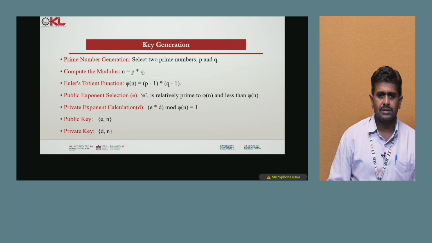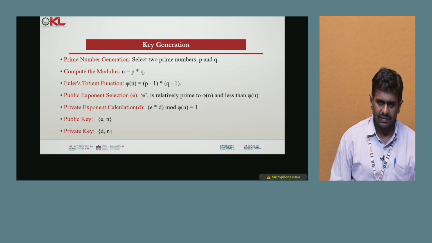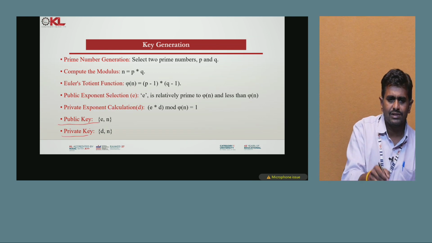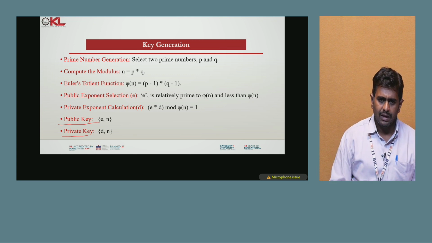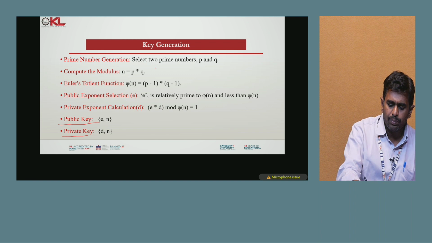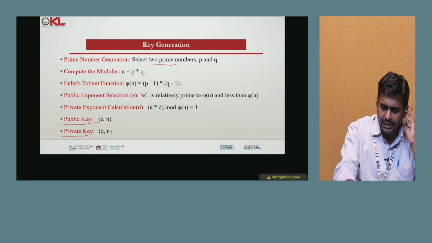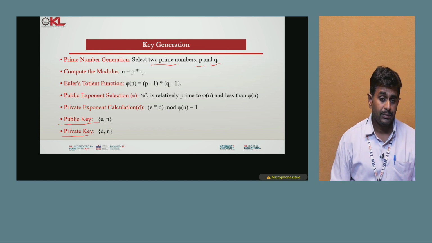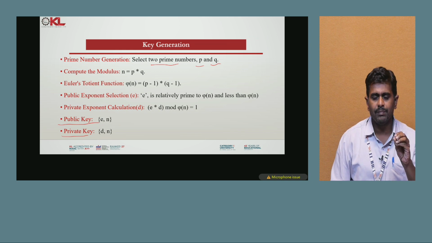Now let's discuss how these keys, the public key and the private key, are generated. First, you select any two prime numbers, which we call the P and Q values. Remember, P and Q are prime numbers.